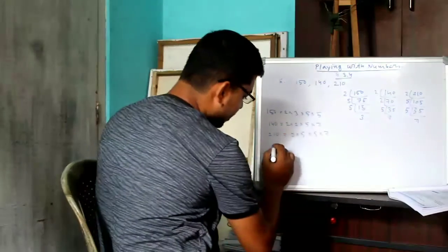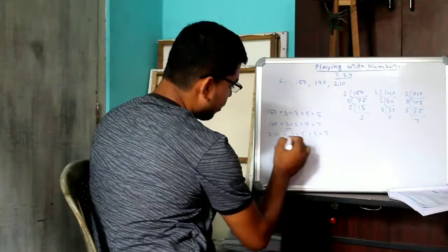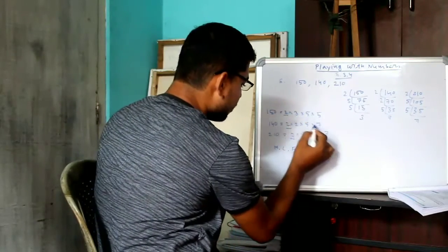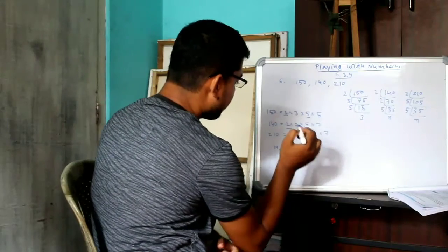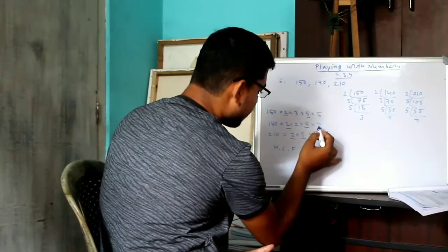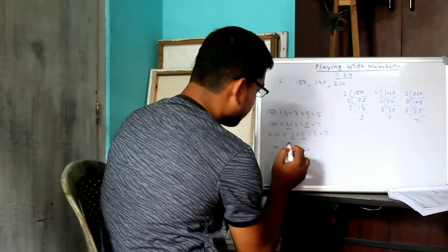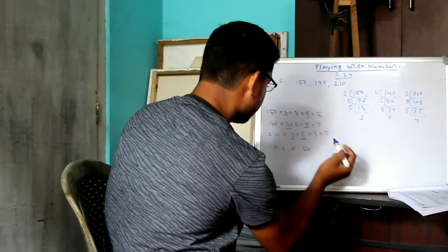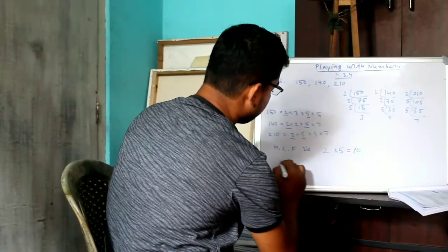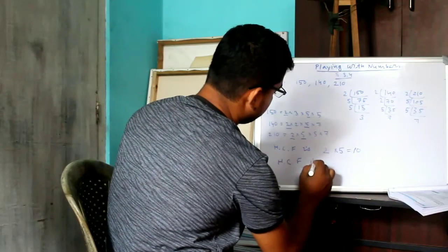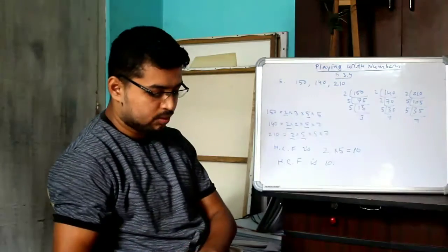The common factors are 2 and 5. 7 is cancelled and 3 is cancelled because they are not in all the numbers. 2 into 5 is 10. So the HCF is 10. By this method we can calculate others also. So 3.4 is finished.